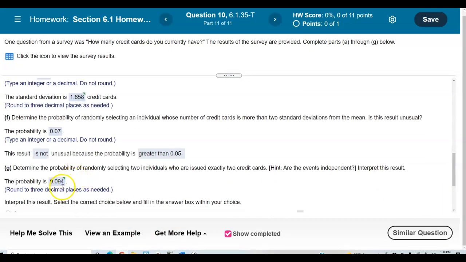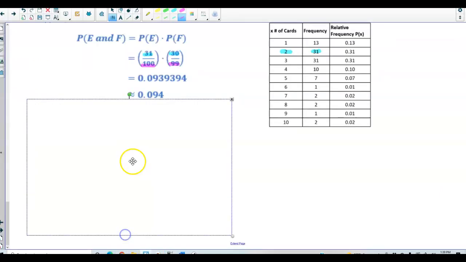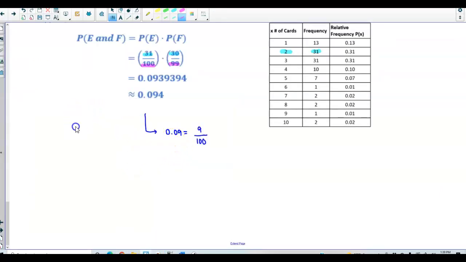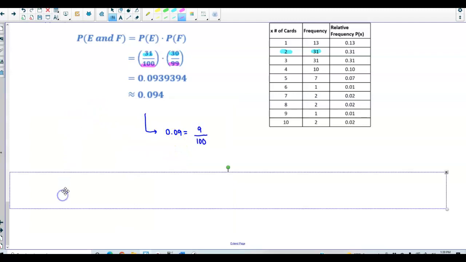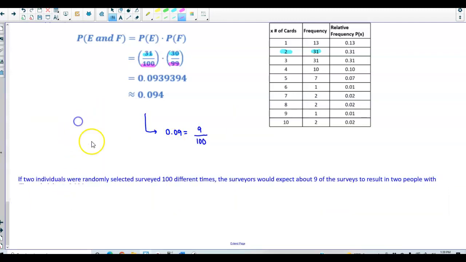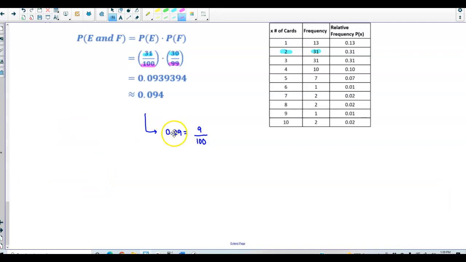Okay, now that we have the probability of 0.094, we want to rewrite this in terms of 2 decimals so that we can interpret the result. So 0.09 is the same thing as 9 over 100.